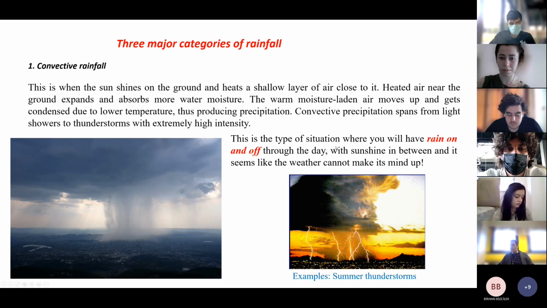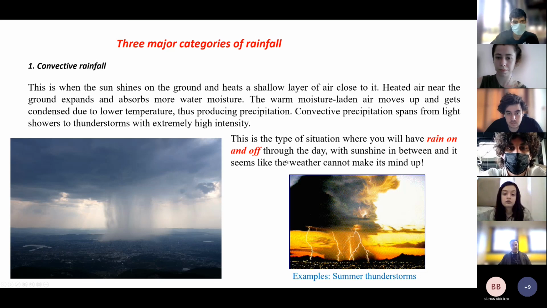Thunderstorms are the type of situation where you will have rain on and off through the day. It is on and off because the clouds rain out their moisture, but again we have warm air, the atmosphere heats up, warm air rises, shower, rises, shower.